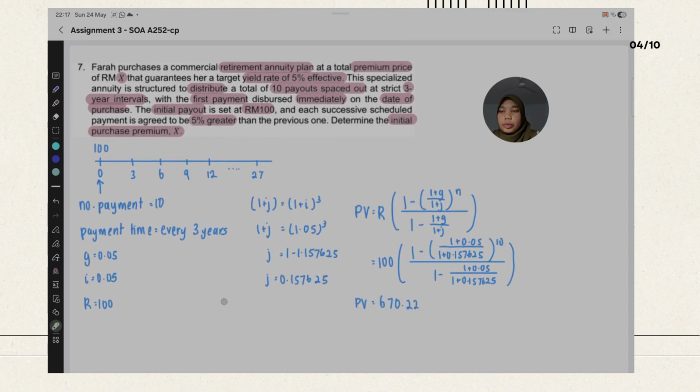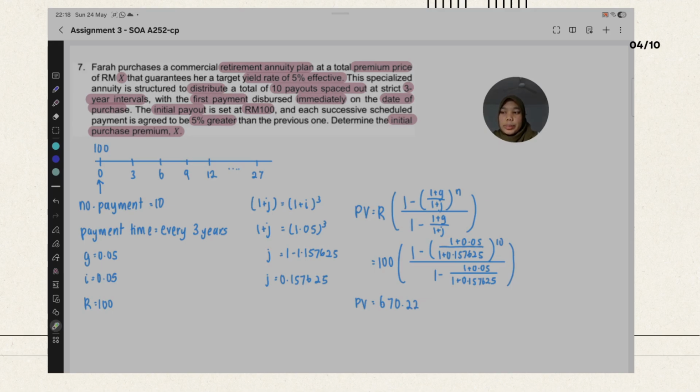Then, moving on in the question, it is said that the yield rate is 5% effective. This is a very important step because we need to adjust our interest rate.